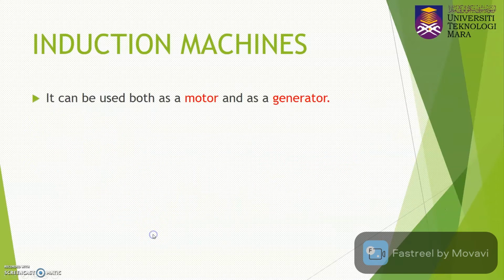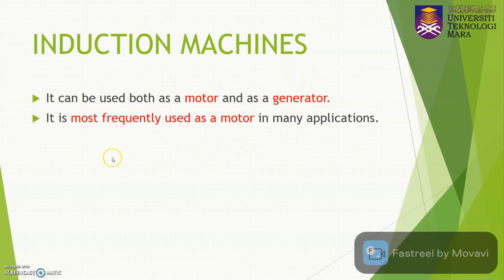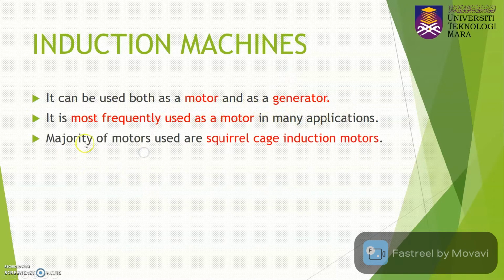The induction machine can be used both as a motor and as a generator. However, it is most frequently used as a motor in many applications. The majority of the motors used are squirrel cage induction motors.